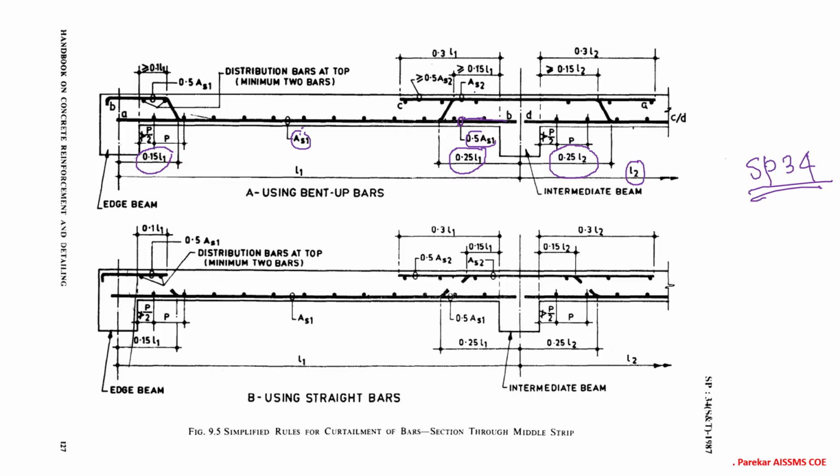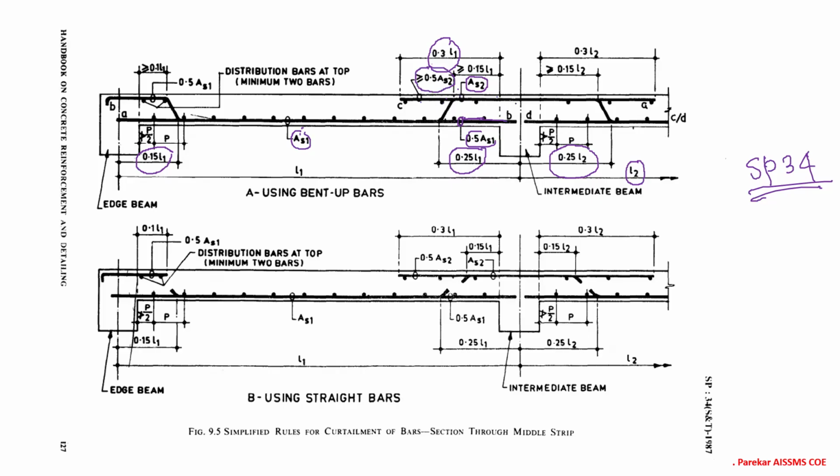Now here you can see alternate bars. You can see 0.3 L1 and 0.15 L1. In this you have Ast2, meaning you have bars of length 0.3 L1 and bars of length 0.15 L1. But after this 0.15 L1, we have only 50%, 0.5 Ast2.